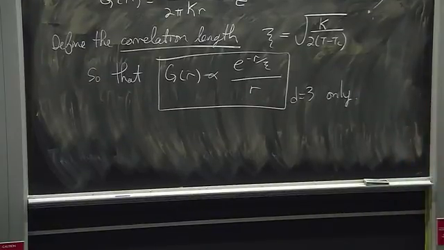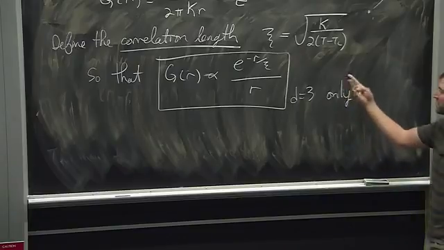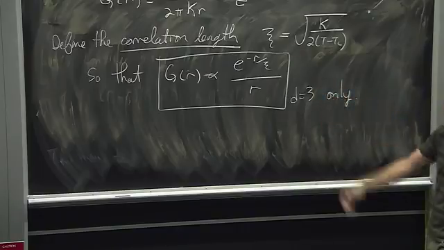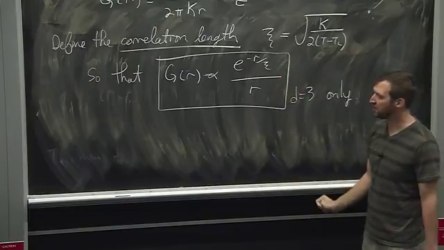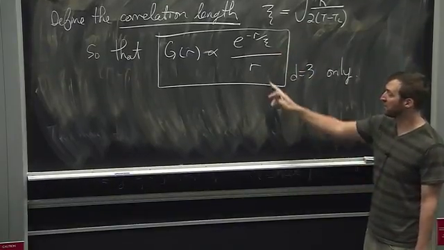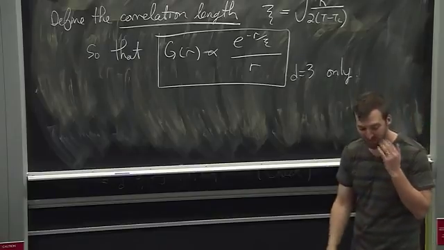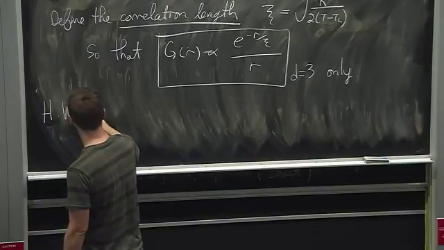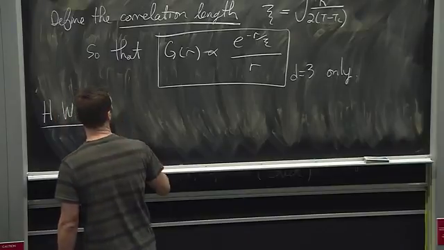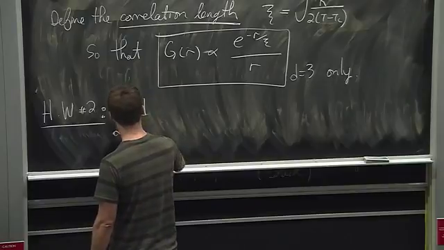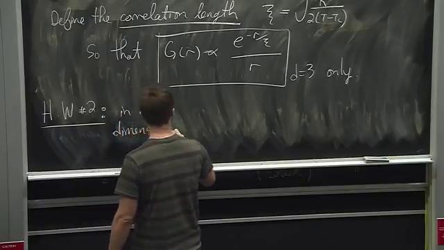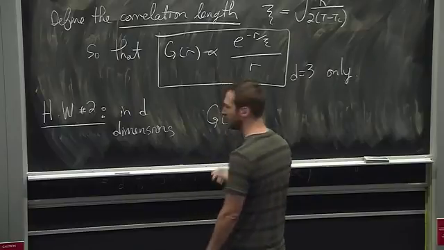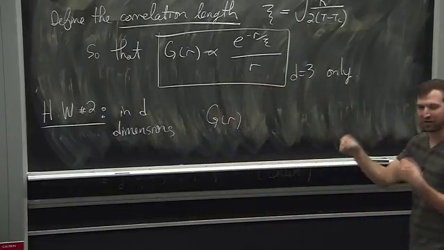So when you do the D-dimensional calculation, you're going to have to worry about the dimensional dependence of this expression. But what you'll find, luckily, is that the argument of the exponential doesn't change. The only thing that changes is this piece here. So this is homework 2. In D dimensions, you'll find G of R, where R is just the distance between the two sites in higher dimensional space.